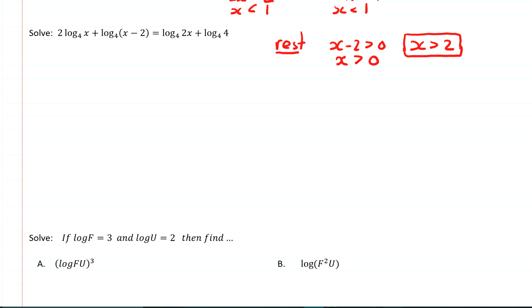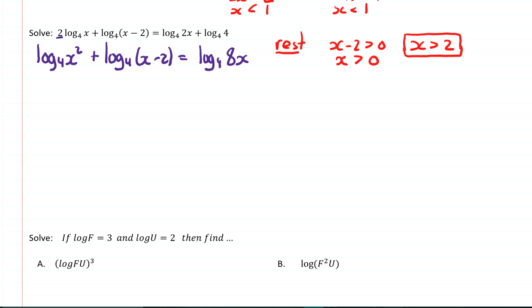Now, in this question, I actually have to move this 2 first before I can use the addition law. So I'm going to use my power law here. So this would be log base 4 of x squared plus log base 4 of x minus 2, and that would equal log base 4 of 8x.